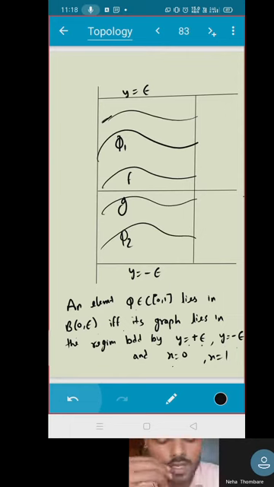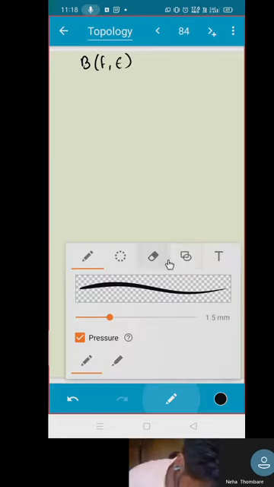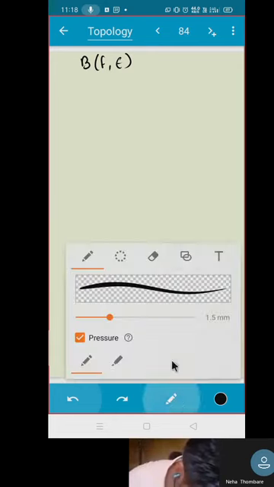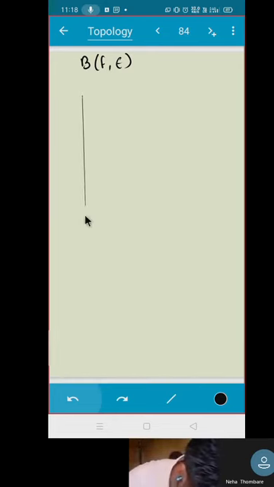Now, in a similar way, can you say something about B F epsilon? Can you draw the graph? What can you see here?